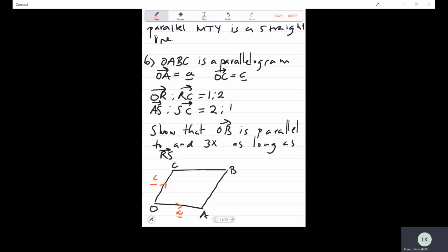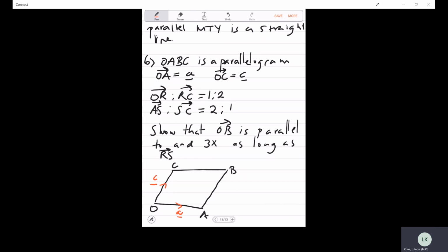Okay, then we have to show that OB is, first of all, parallel to RS, and that it is 3 times as long as that. So what we do is we'll draw this vector here, RS, and then we have this other vector here from O to B. So there are 2 things we need to show.